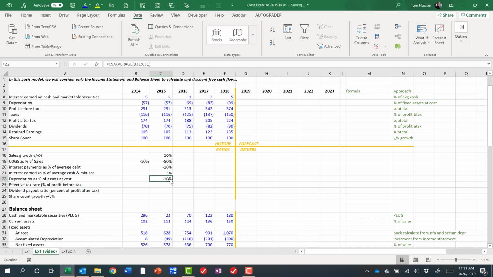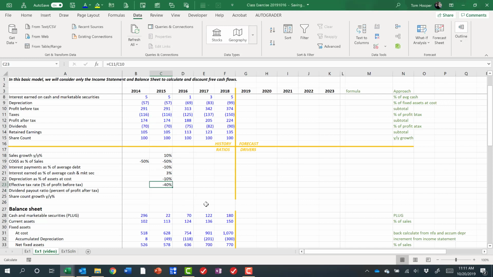And it says that our depreciation shown on the income statement is going to be about 10% of whatever our at-cost fixed assets are. And again, at-cost fixed assets are the cumulative amount of any investment we've made in capital assets. Moving on to the effective tax rate, simply the taxes that we paid divided by the profit on which we paid taxes.